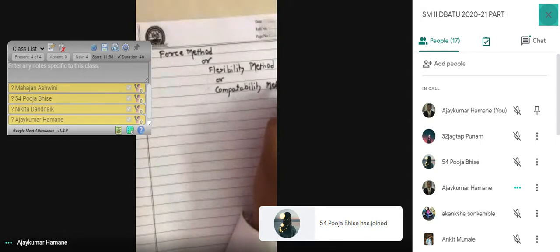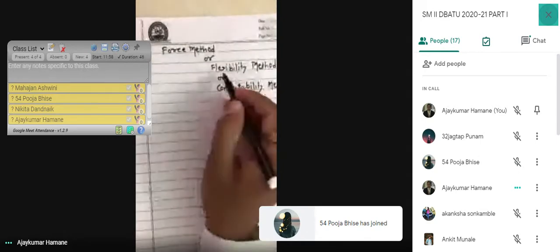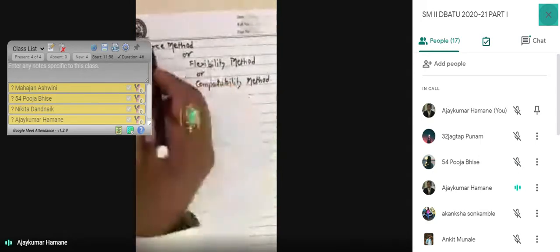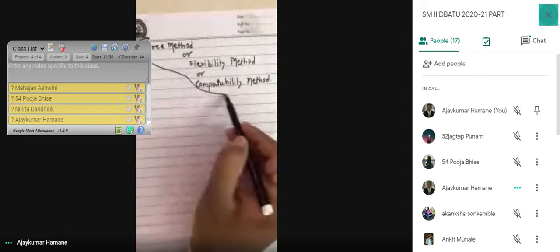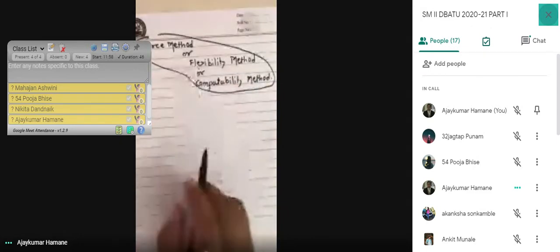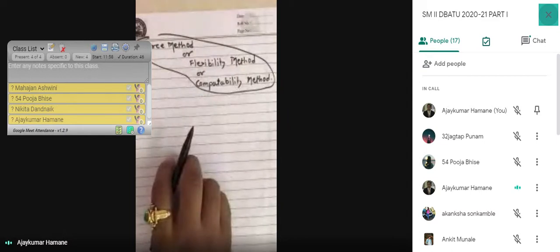Remember this. So the flexibility method has three names. It is also called a force method, flexibility method, and compatibility method.